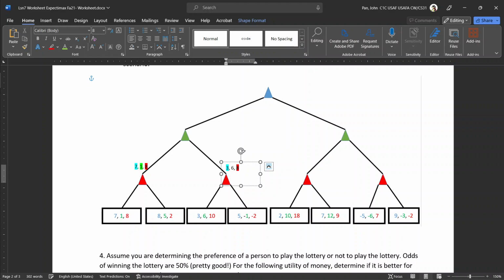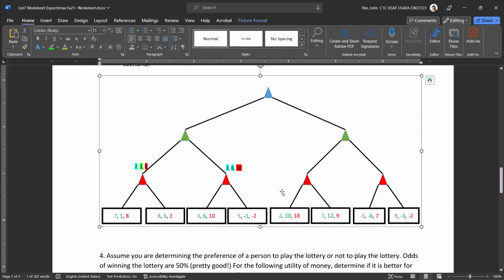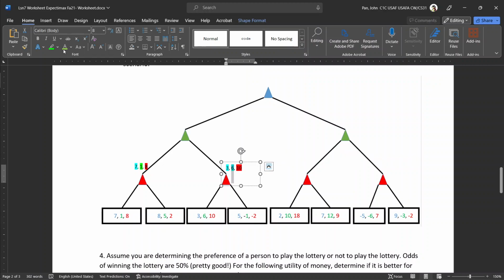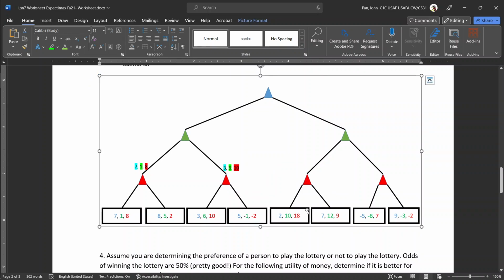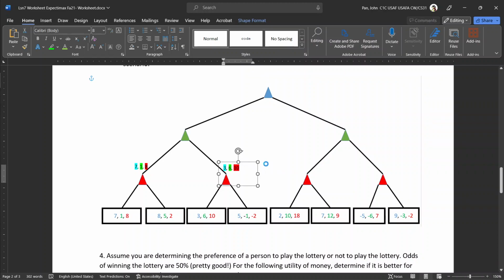Okay. 6 and 10. Okay. And here we have another red agent that picks the left branch because it has the highest red value of 18.